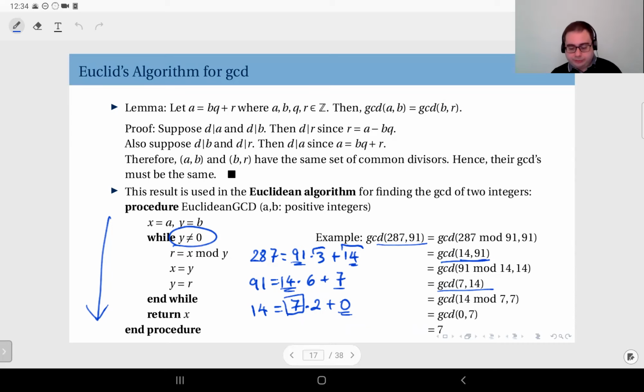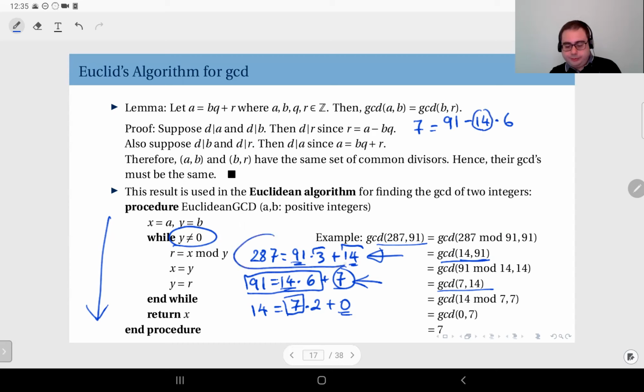So start from 7. Here, 7 is the remainder. So you write 7 as 91 minus 14 times 6. So this relationship. Okay, now here, you replace the remainder in this equation, which is 14, that appears here, with this relationship here.